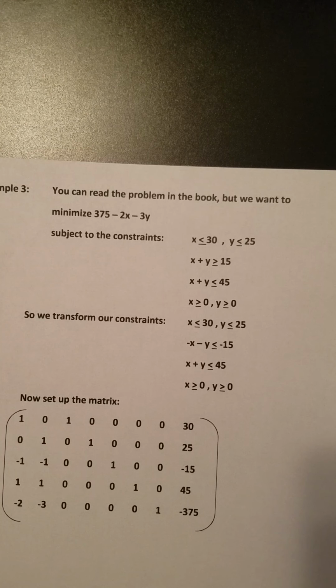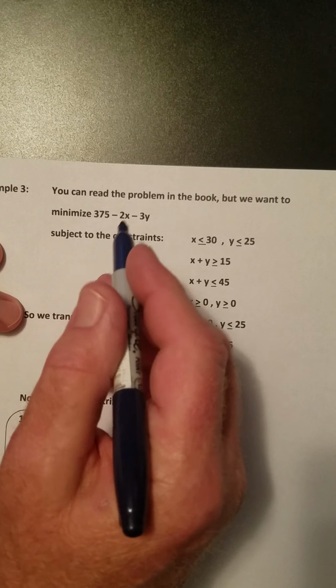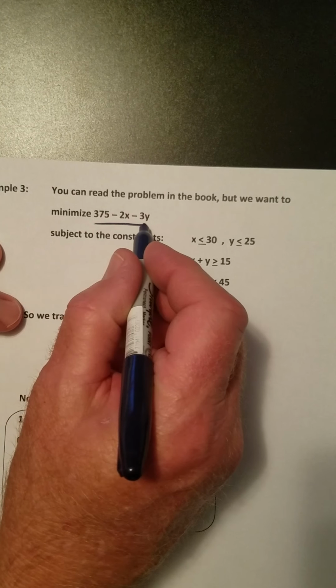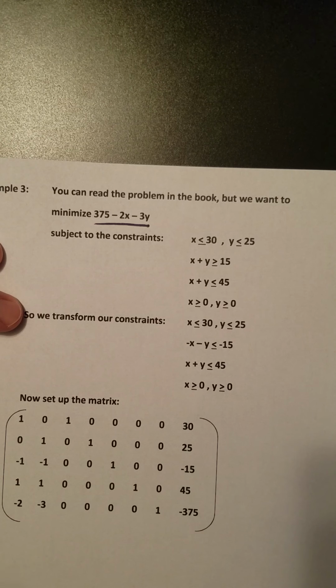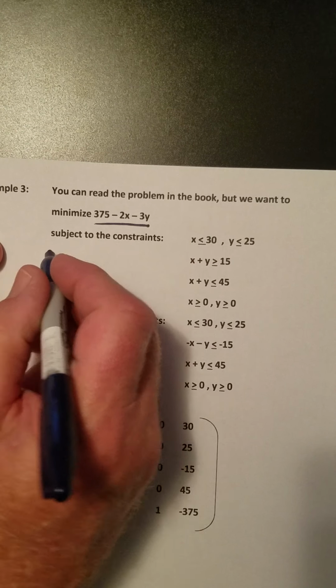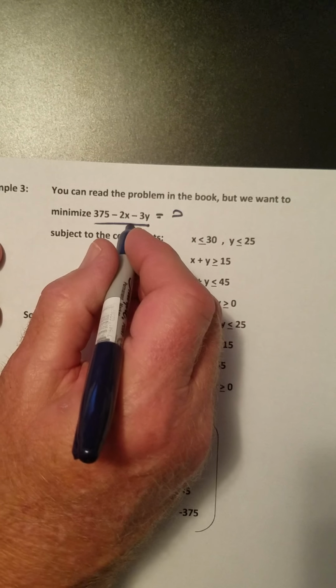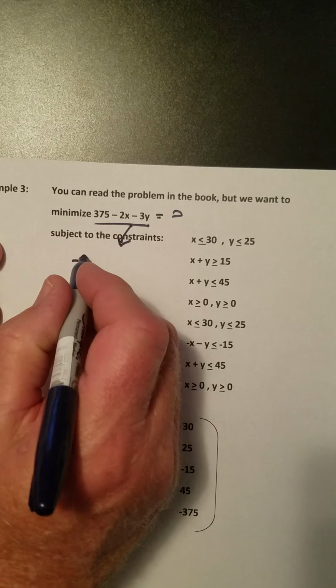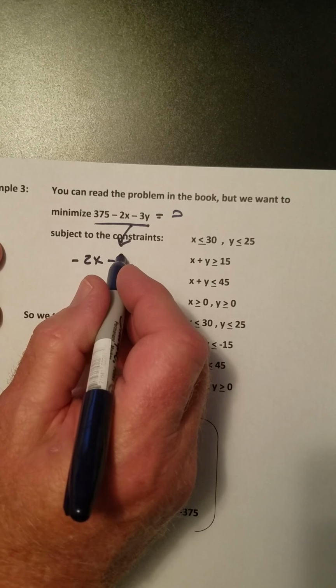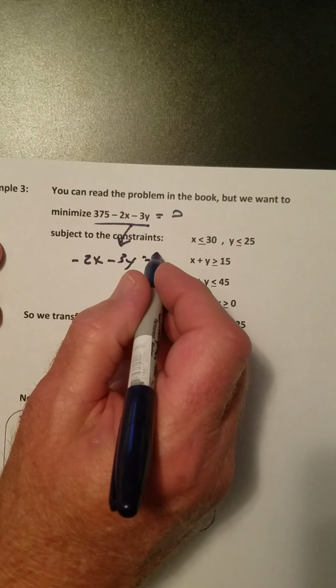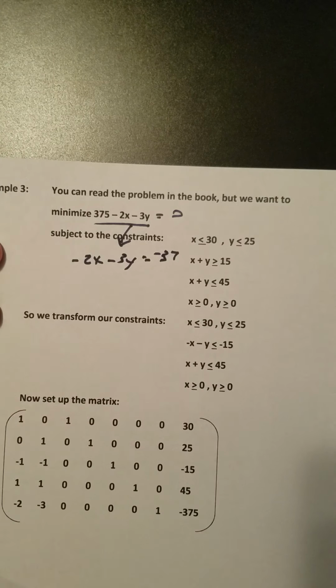Okay, here's example 3. Same kind of stuff. Now on this one, it says we want to minimize this function. If that were an equals, like equals 0, I could rewrite that as negative 2x minus 3y equals negative 375.